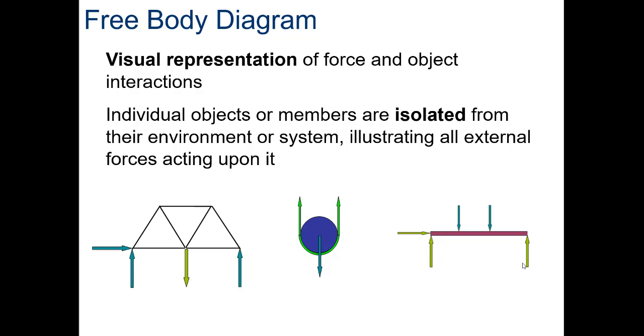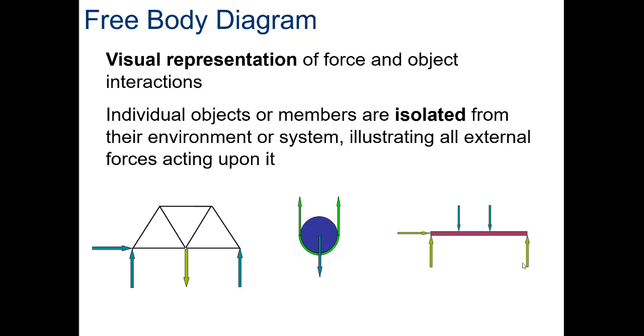So simply put, all objects have forces that act upon them. If you have a water bottle right now sitting on your desk while you're listening to this, there are forces acting on that water bottle so that it doesn't move. If it's sitting on a table, then there are forces acting on that table so that it doesn't move.